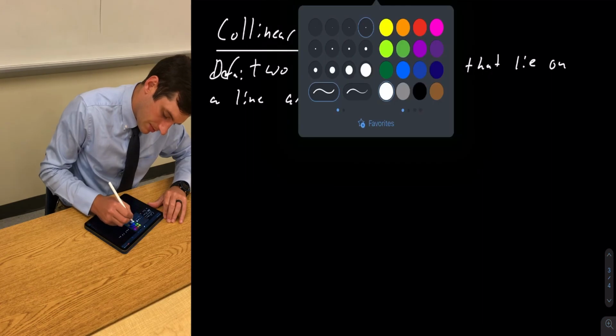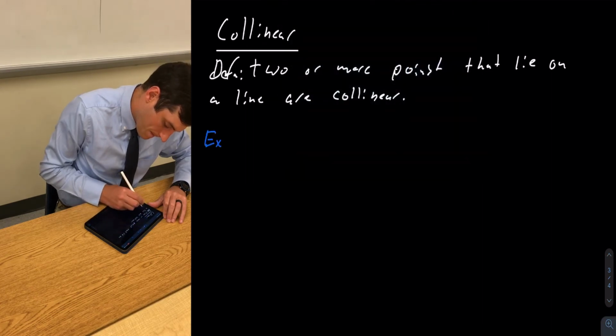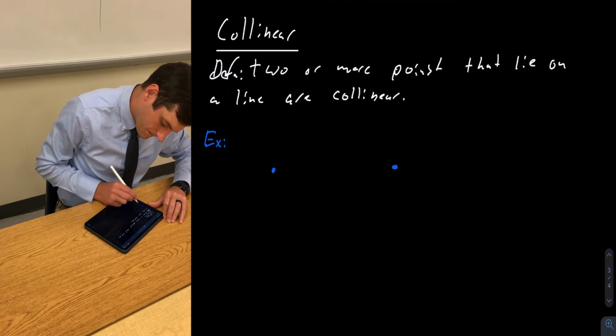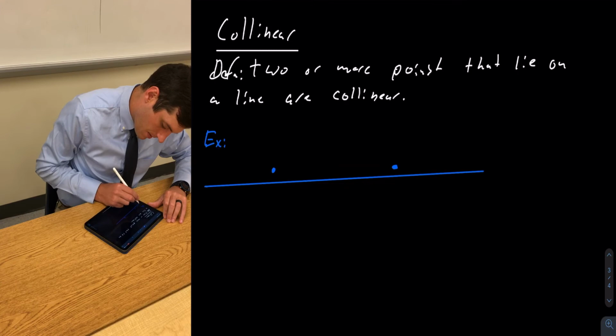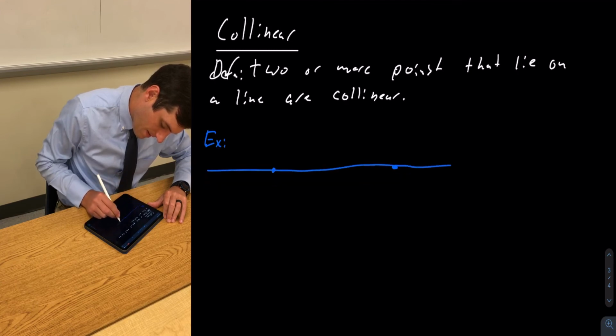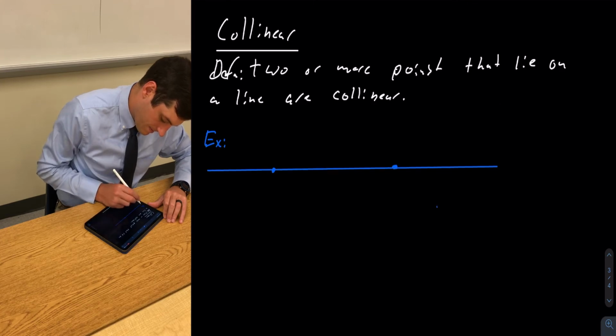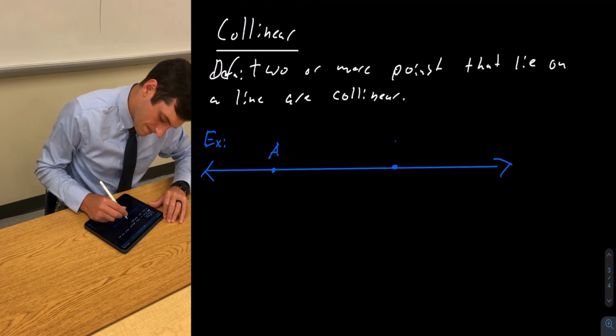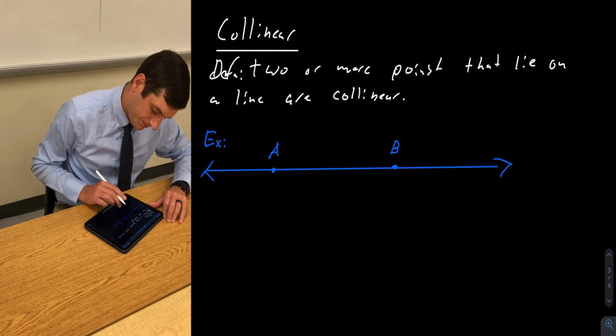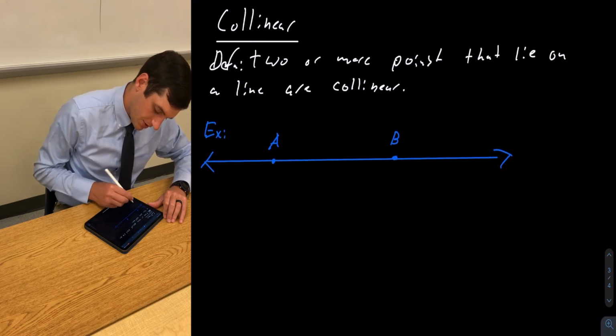And here's an example. There we go. So these two points, A, B, these two points are collinear.